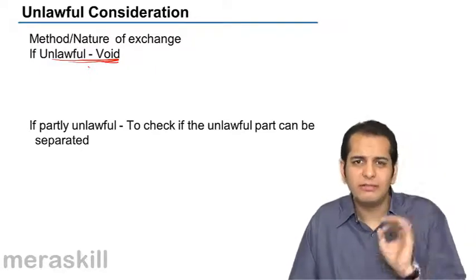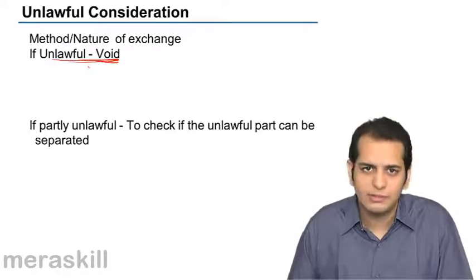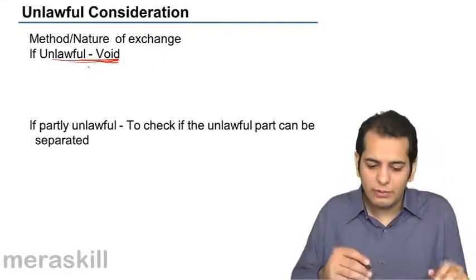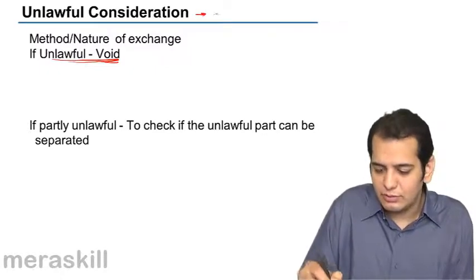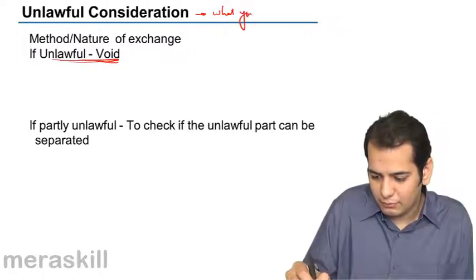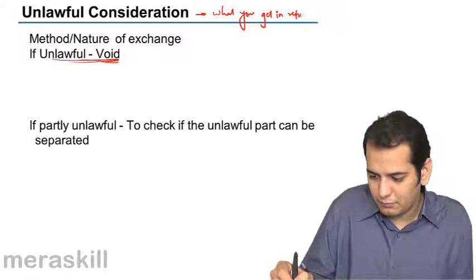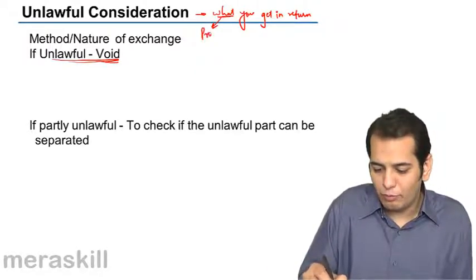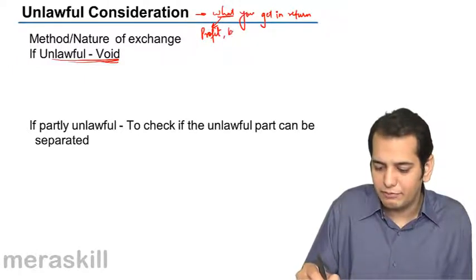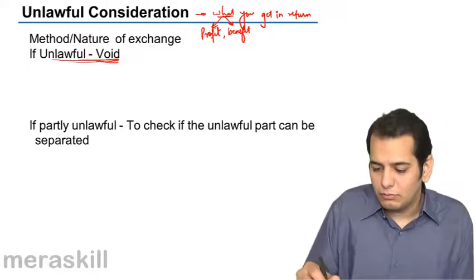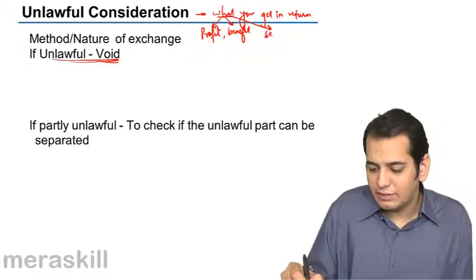But there is a thin line which separates object from consideration. Object means the purpose of the contract. However, consideration means what you get in return. Now, this can be some profit, some benefit, something like salary.